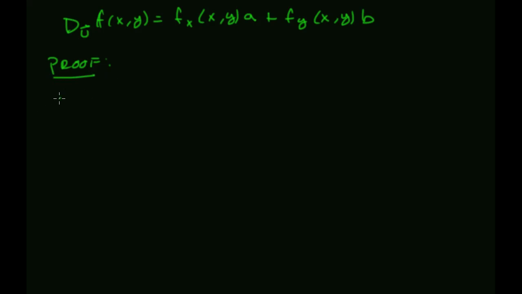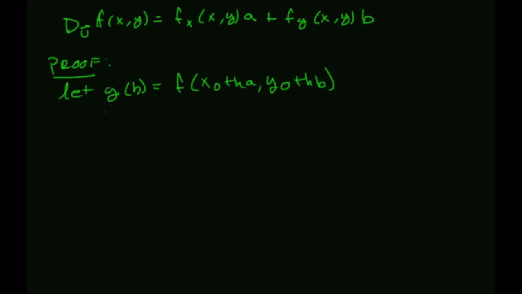So we're going to start by letting g of h, a function of h, be this little piece of the derivative that we were working with. So this is f of x null plus ha, y null plus hb.